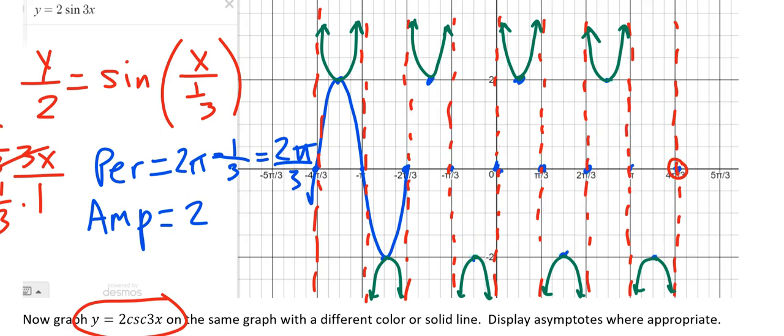Kind of like this. That's the cosecant graph we're looking at. But it's really kind of hard to do that unless you know what the original sine function looks like. That's why I'm completely okay with you doing a dashed line for your sine wave, and then do the solid lines for these little fake parabola things.